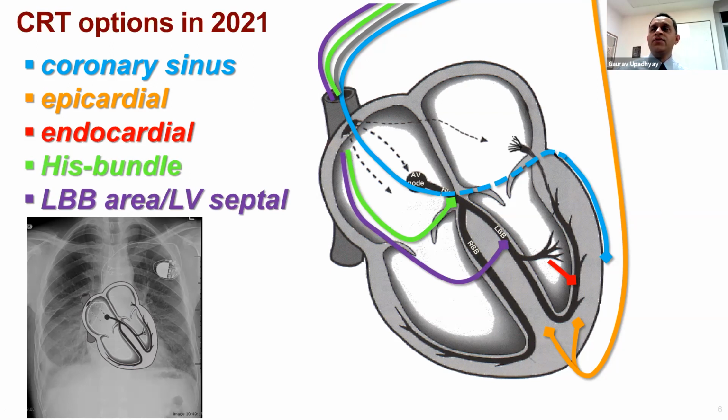Maybe if folks can just use the chat function, how many of you have heard of left bundle area or LV septal pacing? Anybody using it at their center? A couple people are shaking their heads. So that's probably the newest approach, and we'll return to that a bit later.